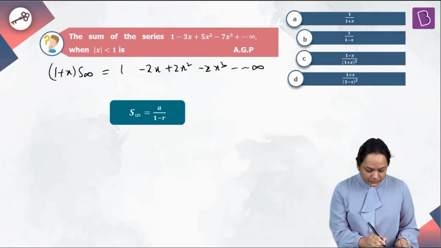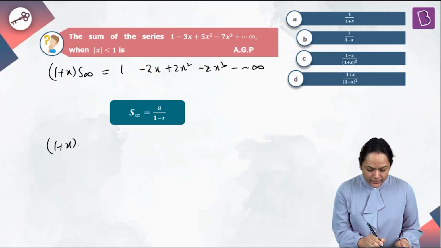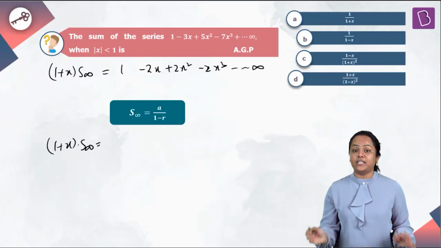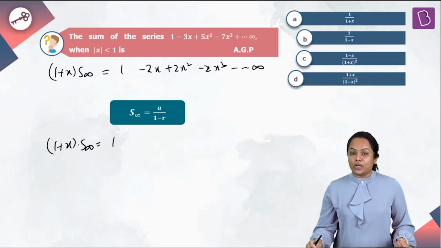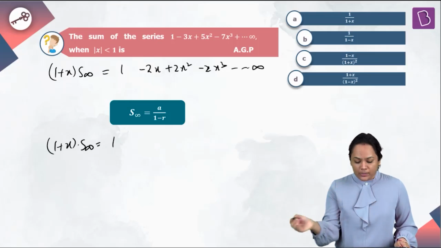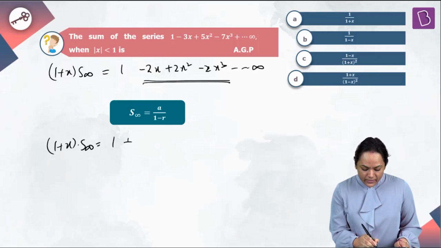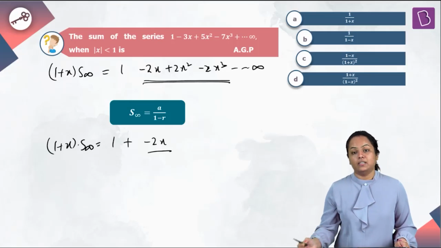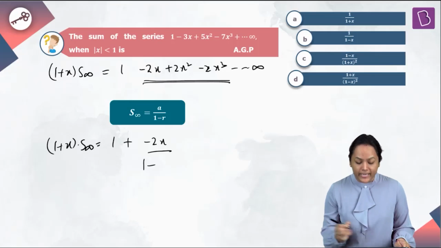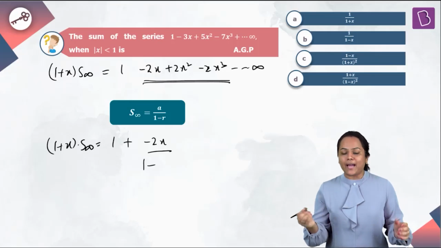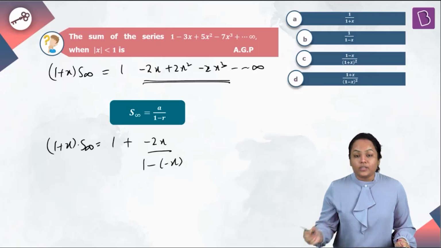Let's apply this. When I apply, I'll get 1 plus x multiplied by s infinity is equal to 1, which is going to come as it is. For this GP part, I have the A value as minus 2x divided by 1 minus the common ratio, which is minus x itself. So this is what I got.